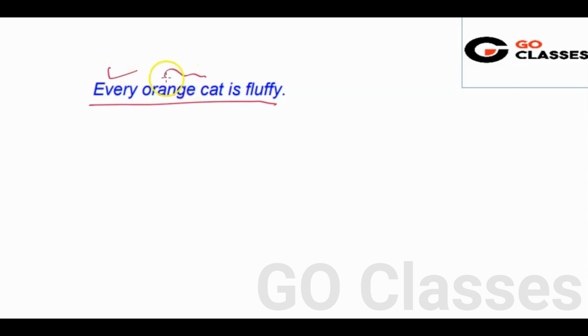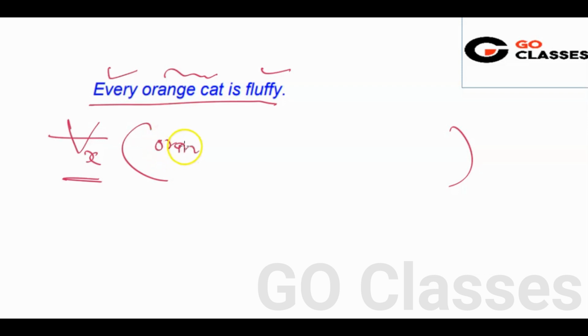It means for all X, if it is orange cat, then it is fluffy. Very simple.